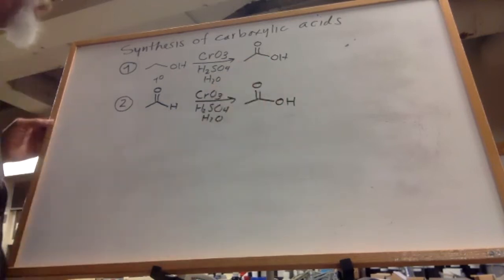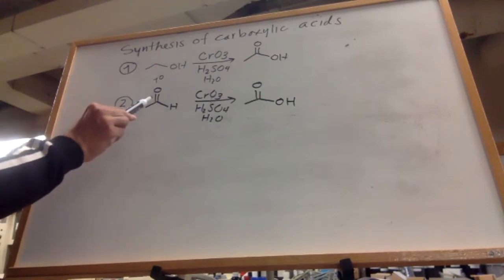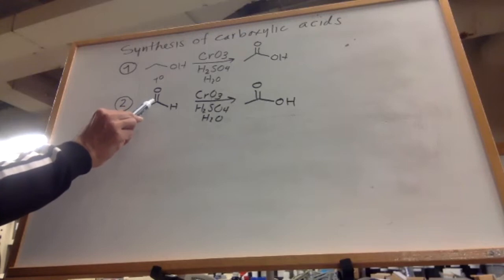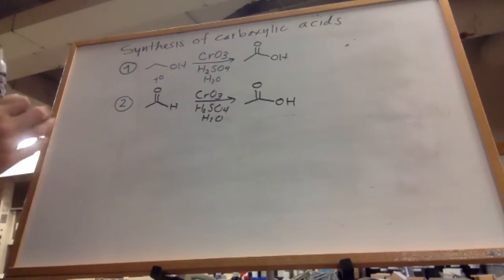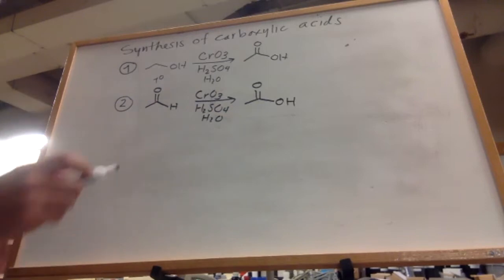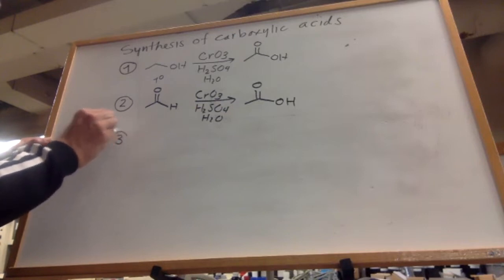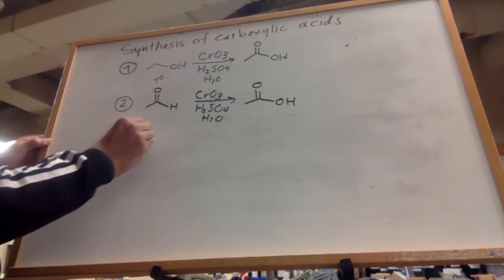And once again, we see oxidation in the works here. This aldehyde carbon starts life with 2 bonds to oxygen. Now in the final product, it has 3 bonds to oxygen. That's a hallmark of oxidation. Okay, a couple of more methods for production of a carboxylic acid.